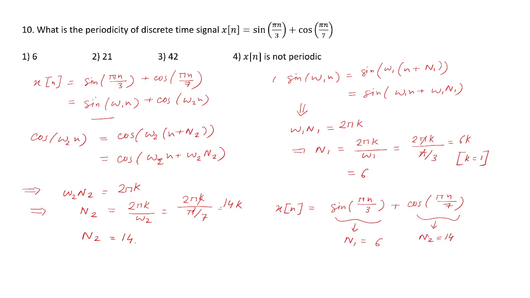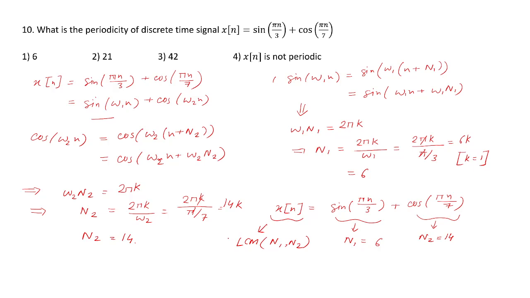Now the question is not individual periodicity, but they want the periodicity of x[n], which is the combination of both the signals. So x[n] is periodic with period LCM of N1 and N2.